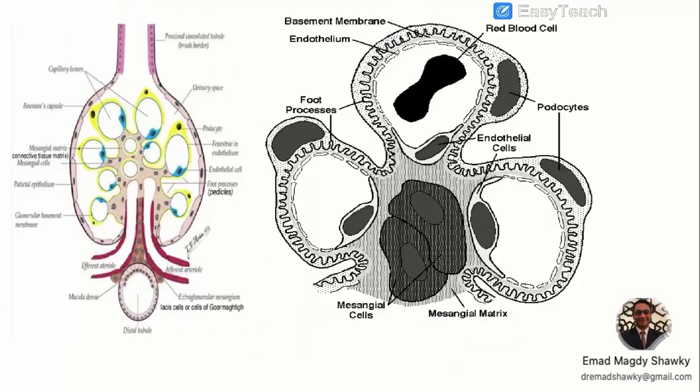Okay, so if we enlarge this photo into this diagrammatic presentation, those are the podocytes or epithelial cells. Those are the endothelial fenestrae.